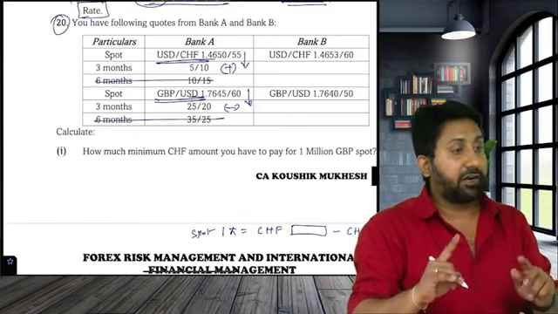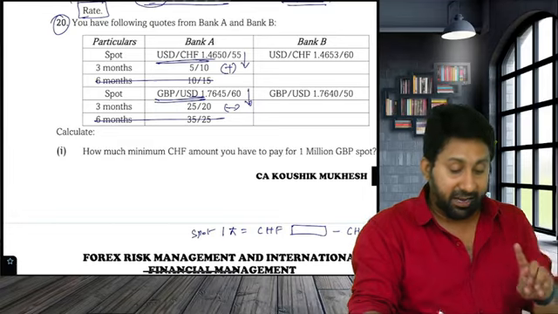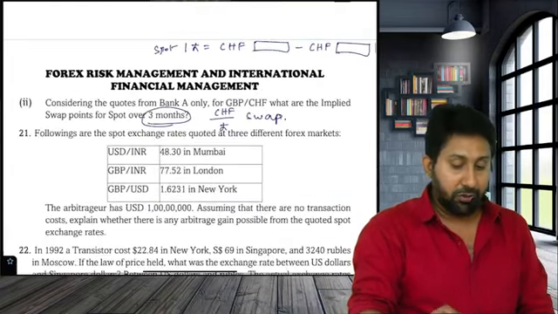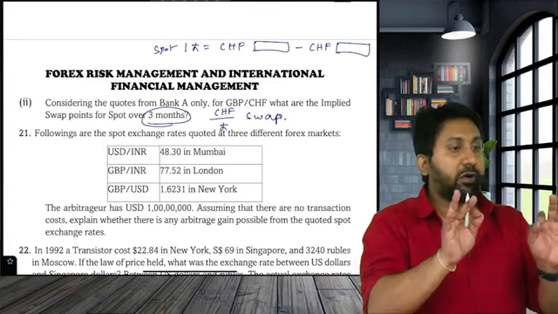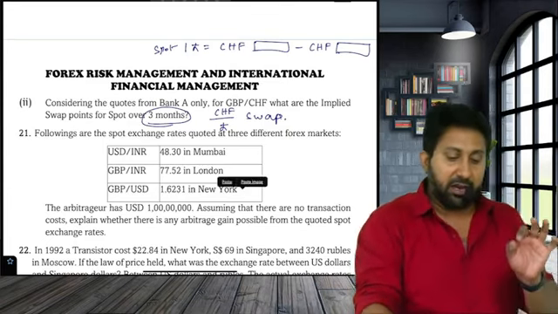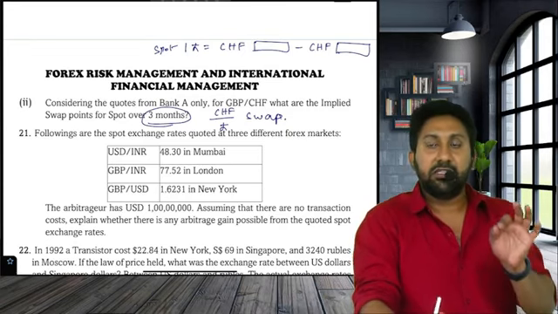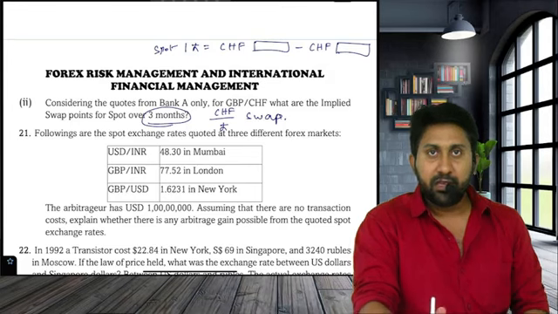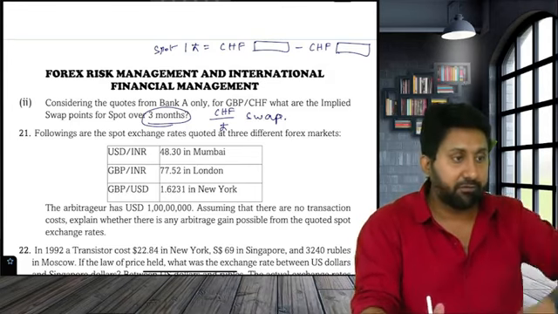Using these forward rates, we need to calculate the rate between CHF and pound. So a lot of concepts; this is what he is asking in the question. Repetition once again: we are not given CHF by pound. He asks to calculate the swap points in the forward.